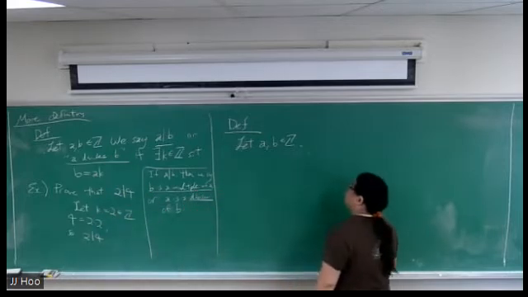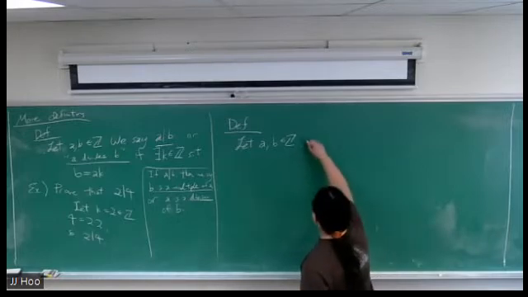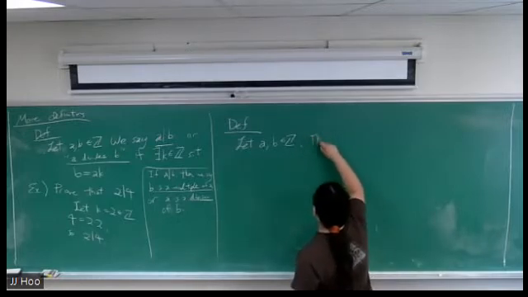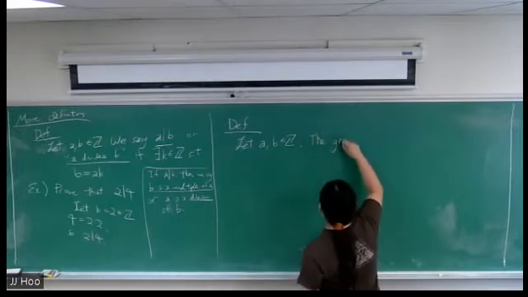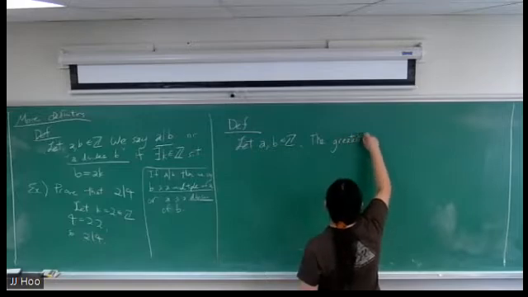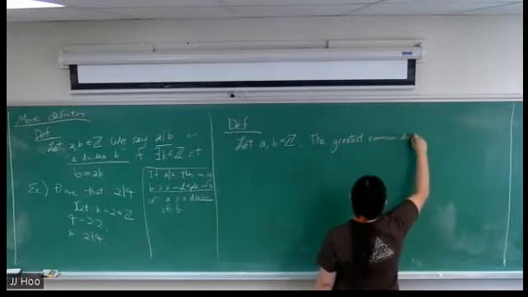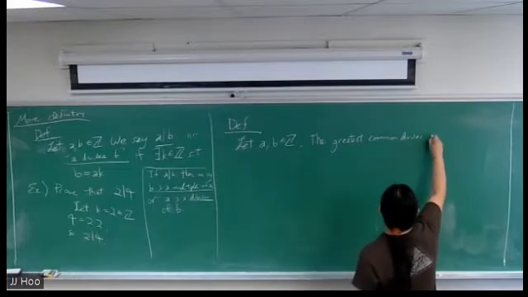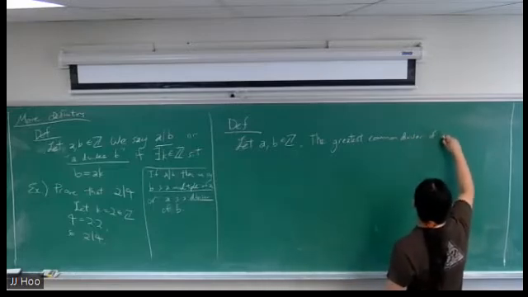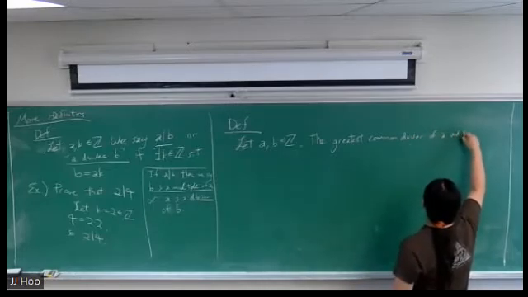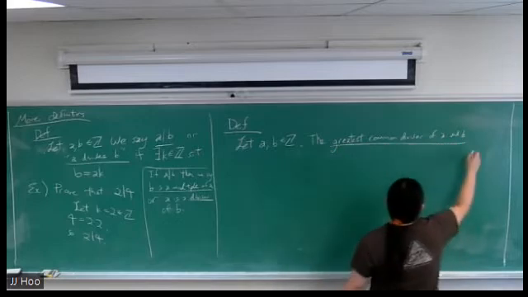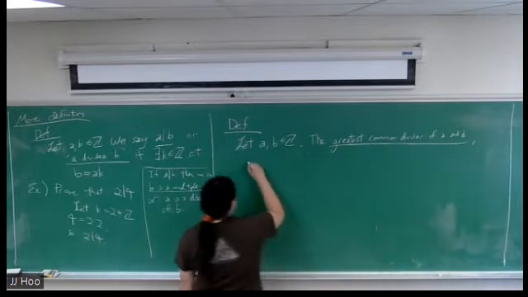Okay, so going into this next definition, we can talk about the greatest common divisor of A and B, also denoted as GCD.